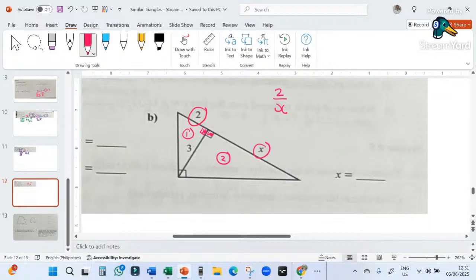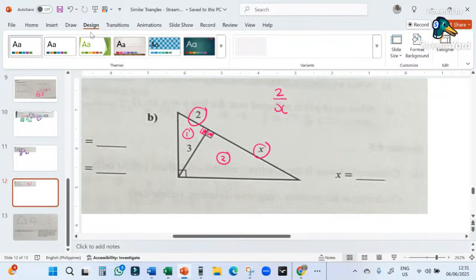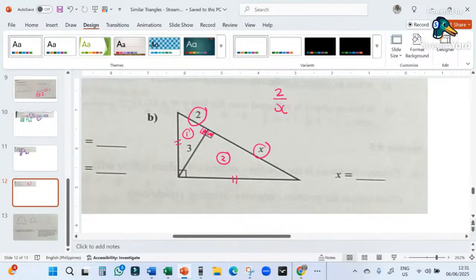Why? Because it's not 2 over 2 plus x. Why? Because the first triangle is not inscribed. It's not inside the big one, right? We are looking at it as two separate triangles. Why am I doing that? If you're going to use the big triangle as the one that circumscribes the small one, we have missing sides here. We better use what is given. Okay?